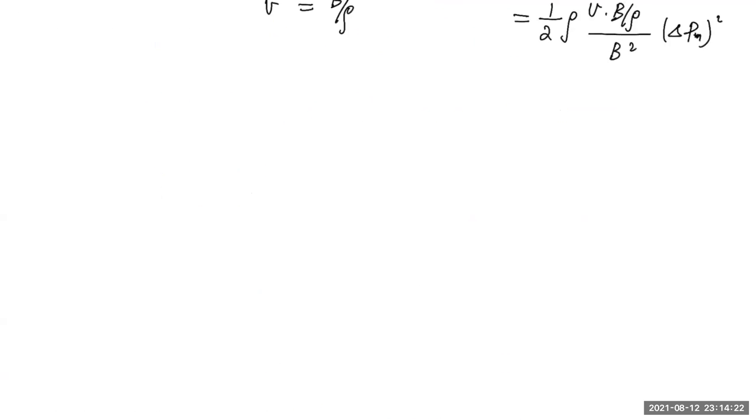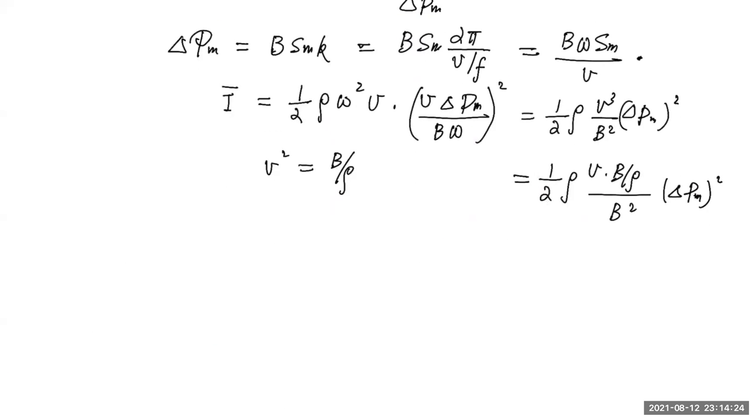Let's simplify that. Rho is gone, and you still have one V left: 1/2 V times delta P maximum squared.